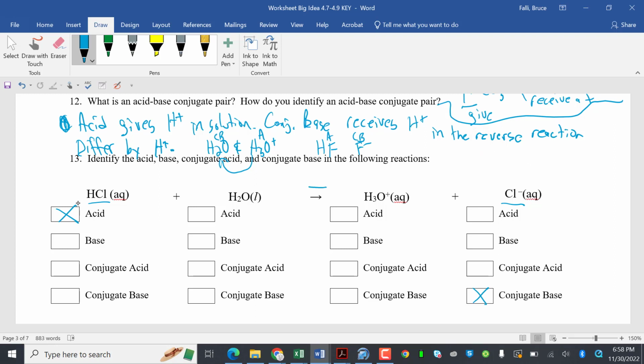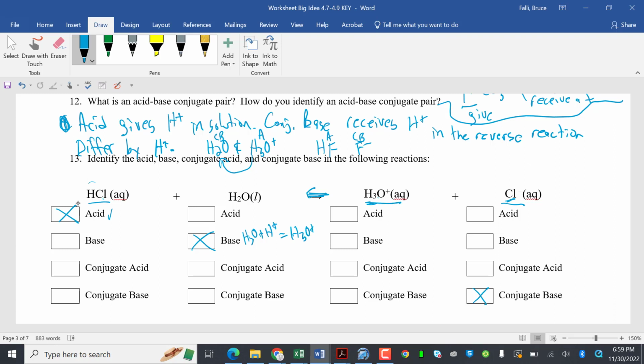In the reverse reaction going this way, Cl receives an H from here and makes HCl. Okay. If HCl is an acid, then the other thing has to be the base. So the base receives an H positive. So H2O plus H positive equals H3O positive. Booyah, I see that.